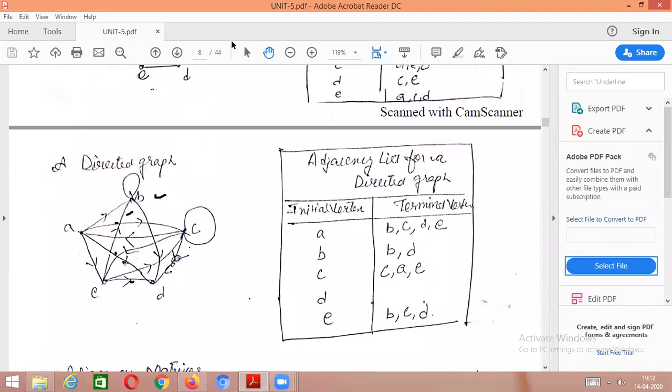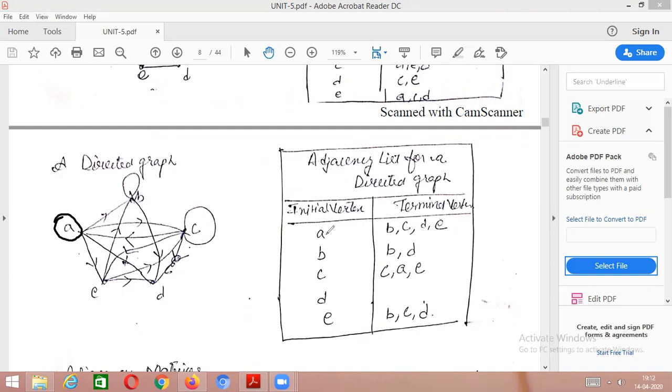when you come to the directed graph, we'll see what the adjacency is. When you take a vertex, the edges whose direction is going outwards, you take those vertices as adjacent vertices.